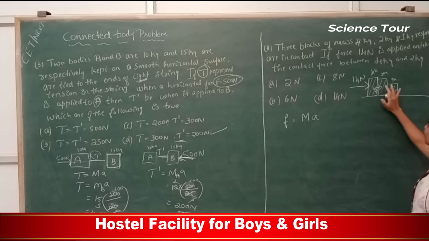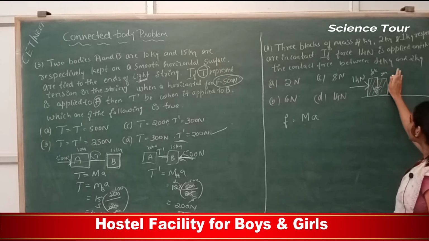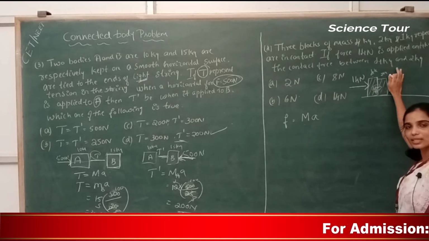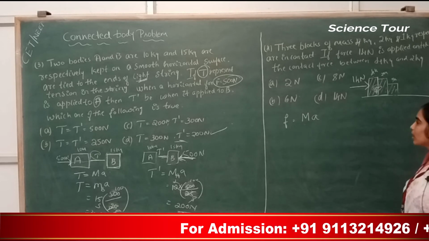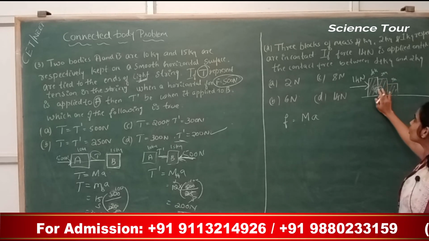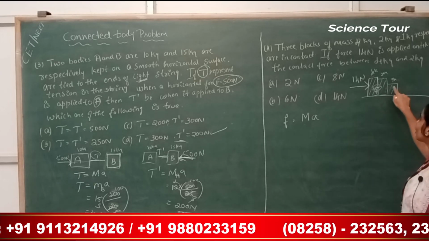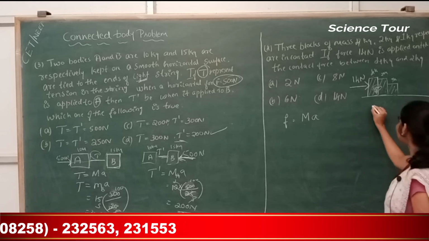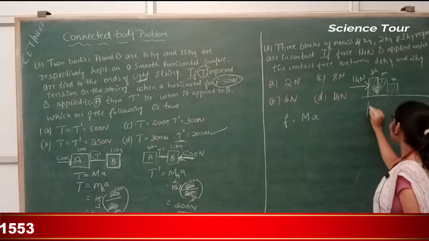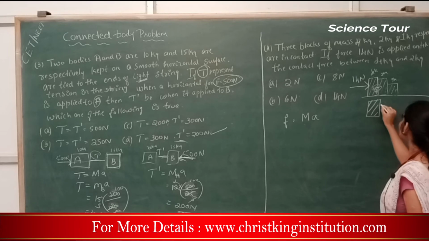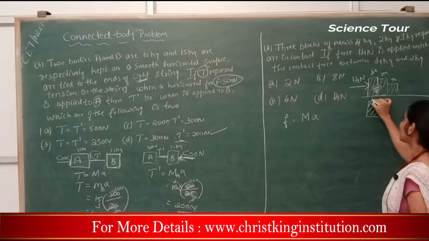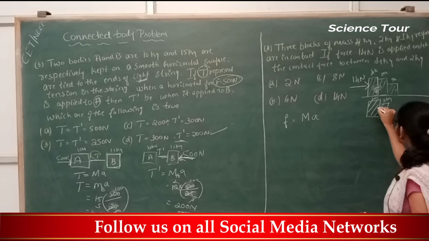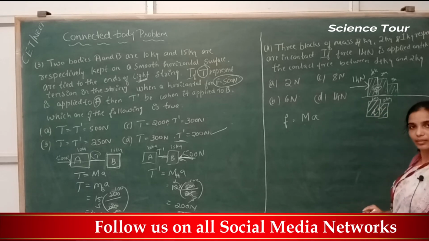Assume there is no 2 kg mass and no 1 kg mass. Would this force exist? It would exist because there is a 2 kg mass. Now say there is no 2 kg mass. What about the contact? It will exist because the 1 kg mass and 4 kg mass will be in contact. If I remove the 1 kg mass, it looks like 4 kg and 2 kg, and this contact force will exist, right?